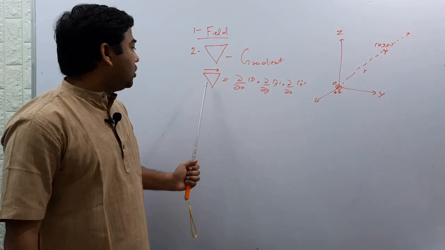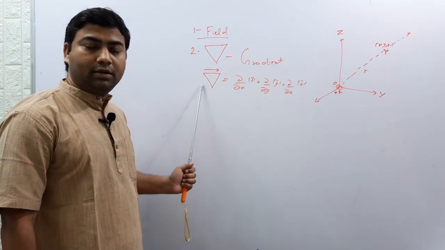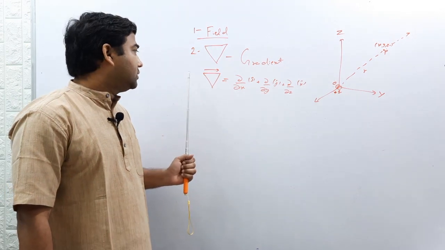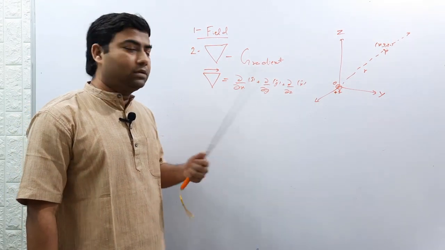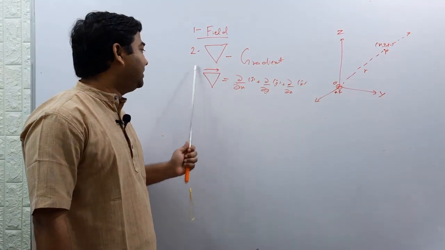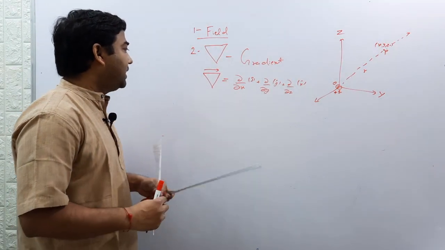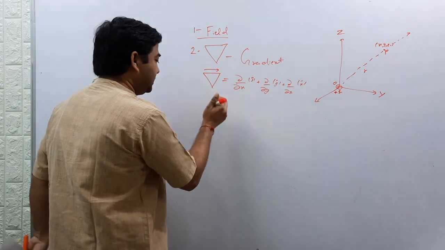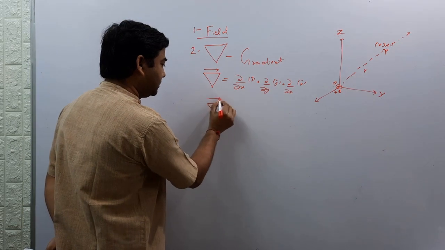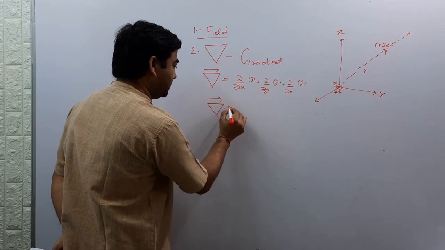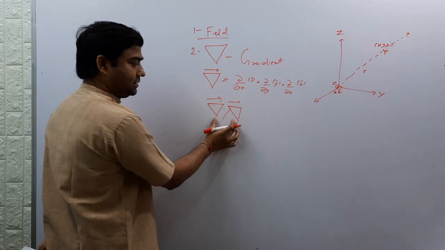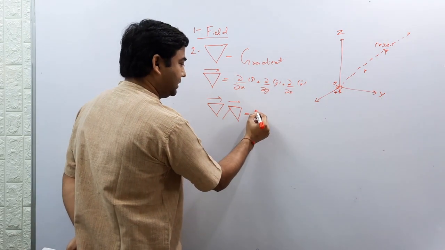The classical name of this operator is nabla, so you can call it del or nabla. Another property of this operator: del dot del is called del square.